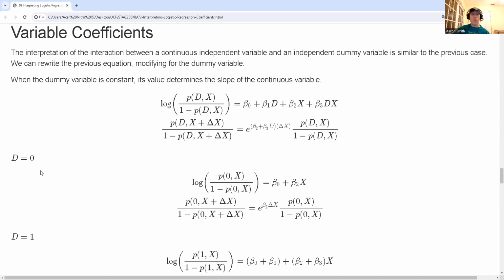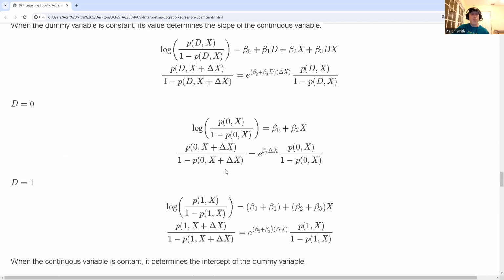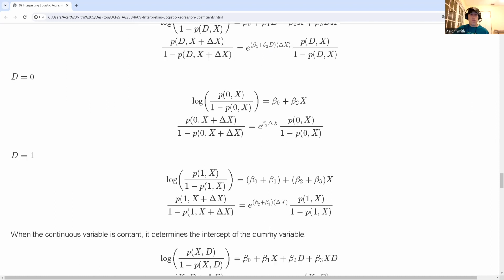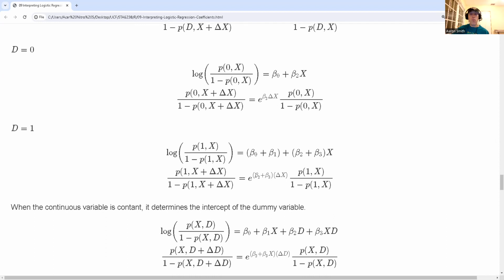All right, so I can go ahead and plug in values for D because there's only two. There's not that many to work out. And I can go through and just see exactly how it's going to work out. And you'll notice that here I just have the beta 2. Well, here when D is equal to 1, I have beta 2 plus beta 3. You can see that the slope changes depending on the value of the dummy variable.